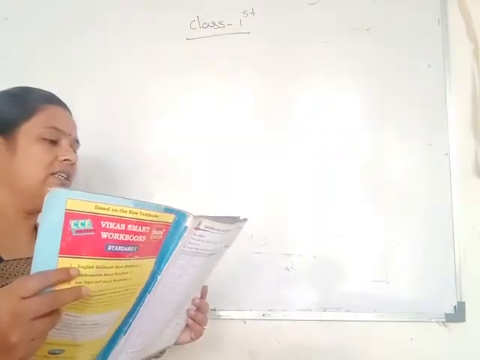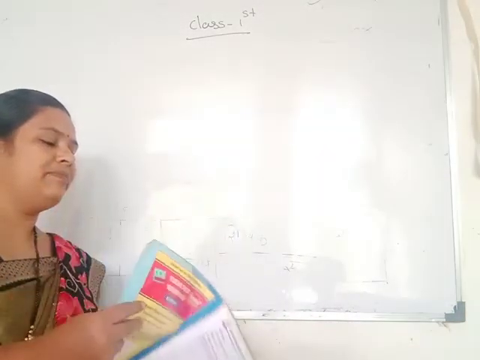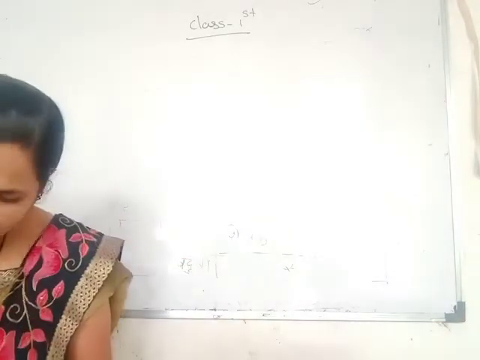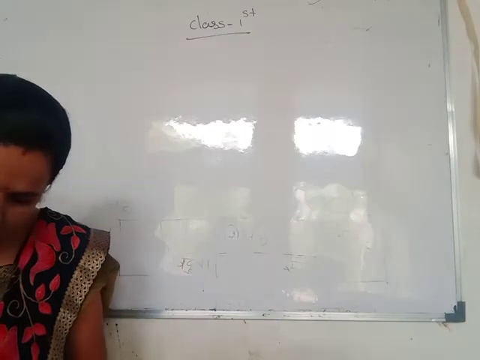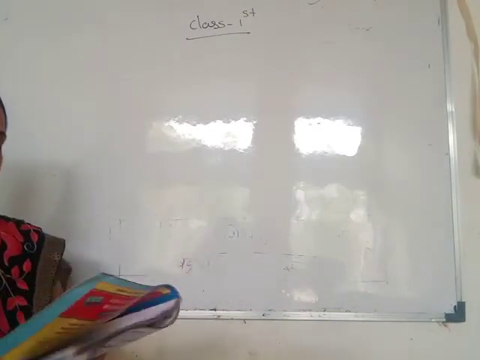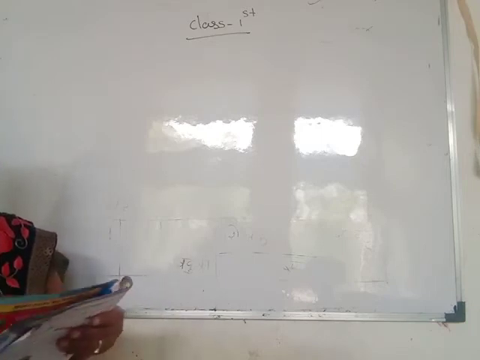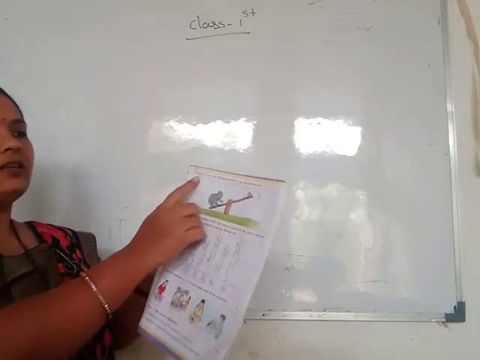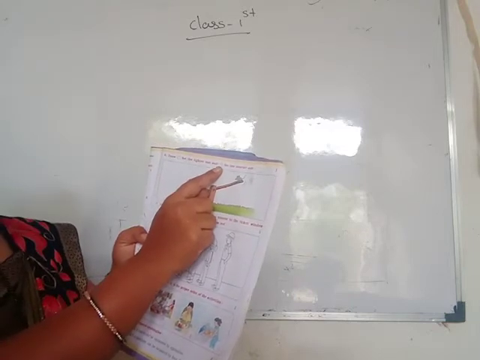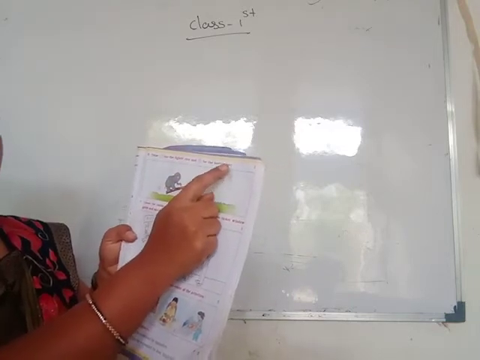Next one, see in your textbook page number 50. Sorry, page number this 78. Draw this up face for the lighter one and draw this down face for the heavier one.